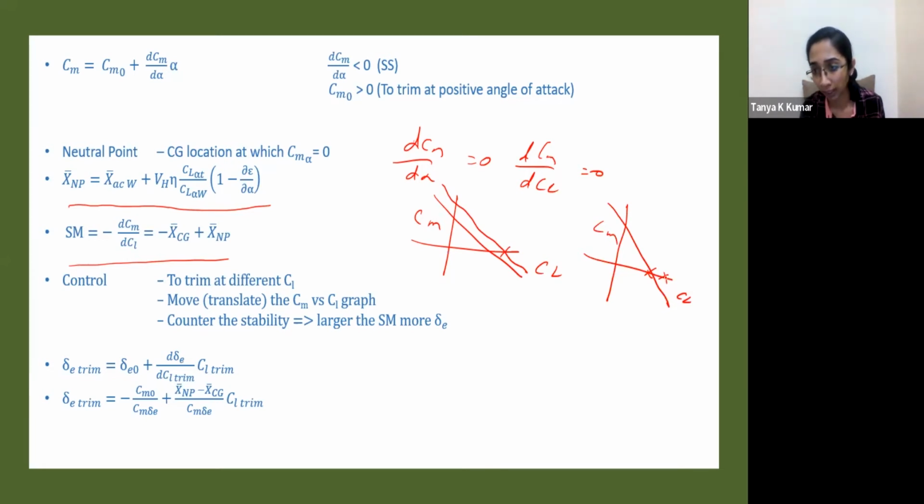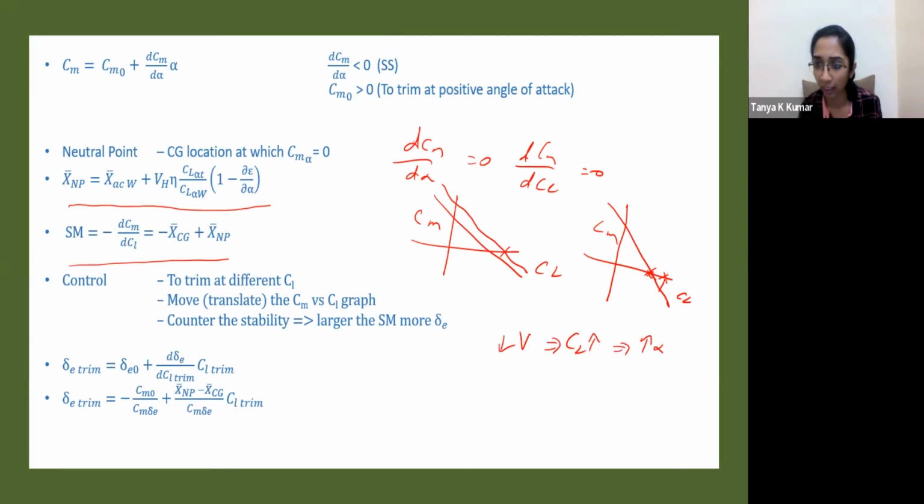But at that CL, you have a negative pitching moment produced, which restores your CL back to this. When you fly at lower velocity, that corresponds to a higher CL, which corresponds to a higher angle of attack.